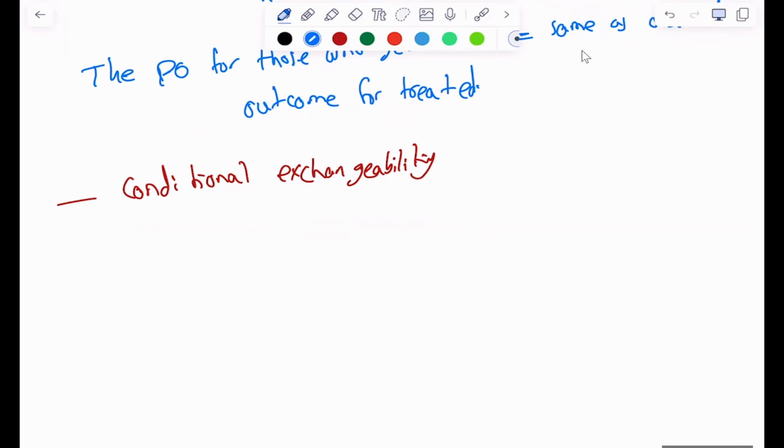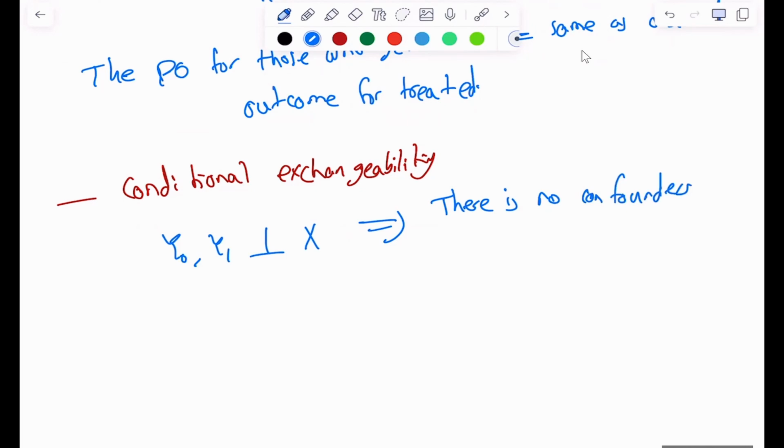Conditional exchangeability says that the potential outcomes Y0 and Y1, let's say under a binary treatment, are independent of treatment. This is true for an RCT when there is no confounder. So it says that treatment is independent of potential outcome under no confounder.